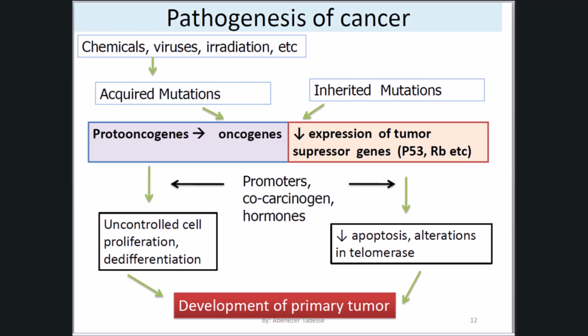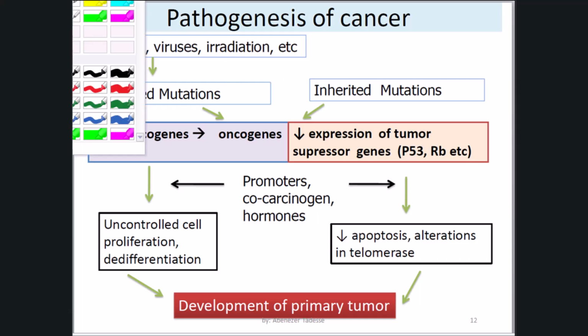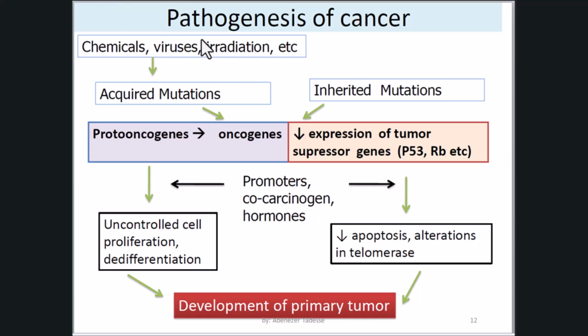Very nice. This is the pathogenesis of cancer. Firstly, there are different factors, like environmental factors, that are responsible for the development of cancer. The first ones are chemicals, virus exposure, and radiation like sun exposure.